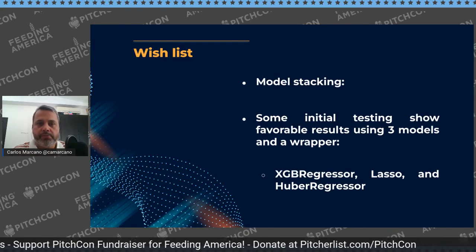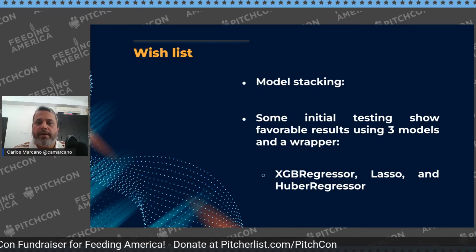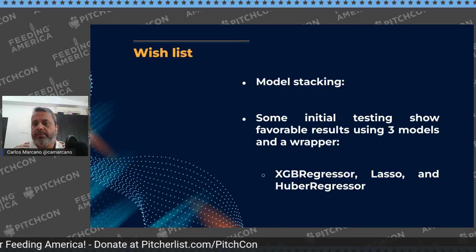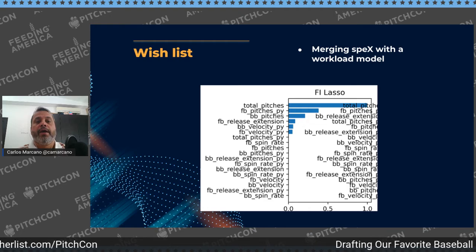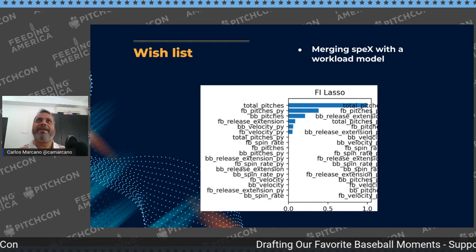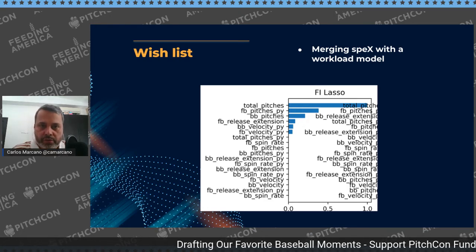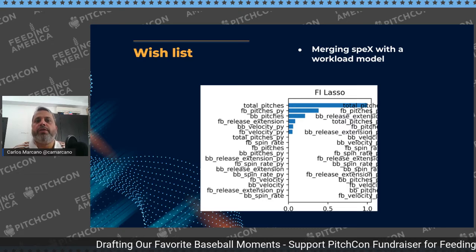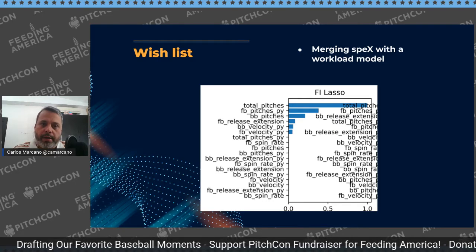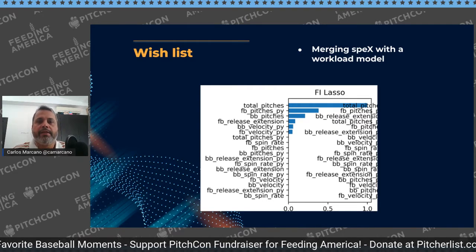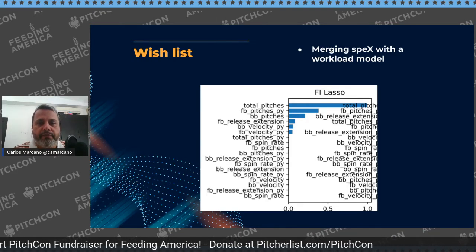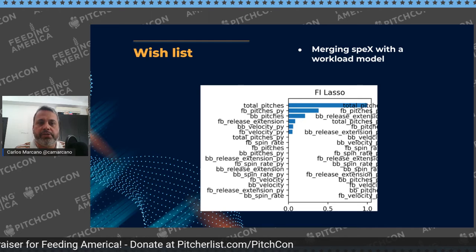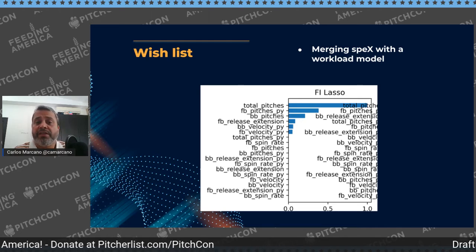I want to do some model stacking, and I've been trying different techniques of machine learning, but the thing that I would like the most to do with it is to merge with a workload model. I'm also working on that, and this is adding more advanced stuff from StatCast, like total pitches, velocities, even release extension.